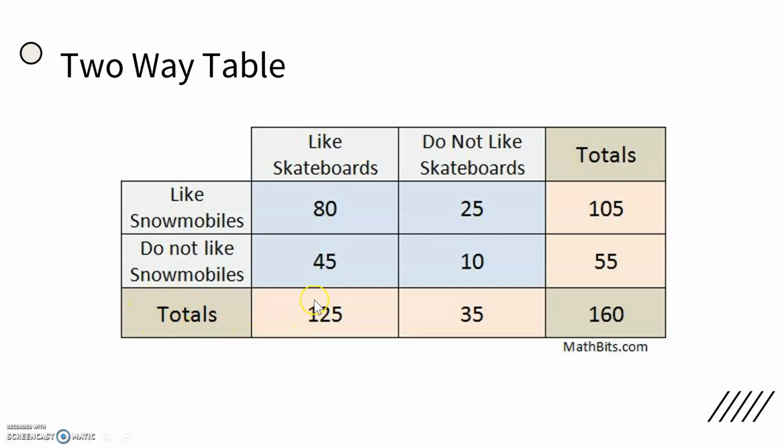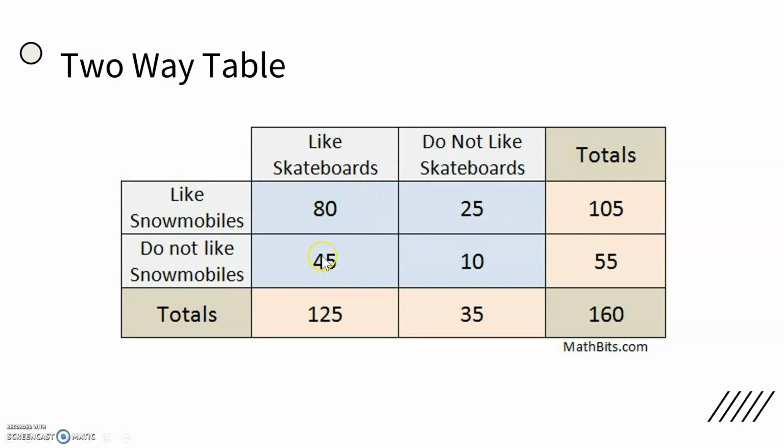Okay. So the table will basically tell you. So for example, if we see the 80 here, that means people who like skateboards but who also like the snowmobiles. And then the second number, 25, means people do not like skateboards but they like snowmobiles. Okay, if we add these two up, we will get 105, which is the total of this entire row.